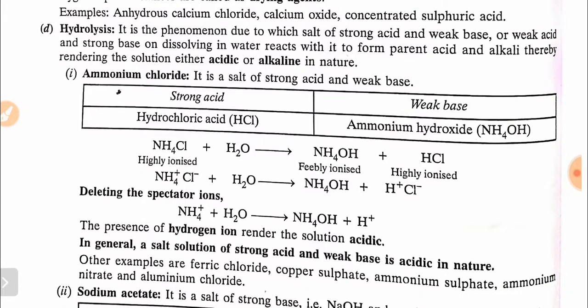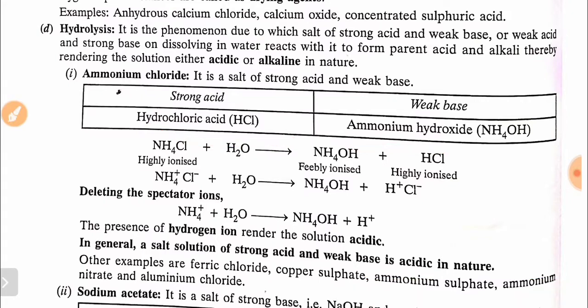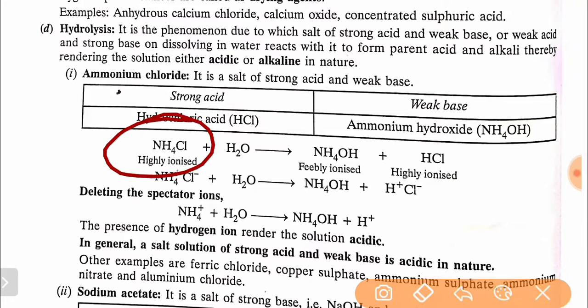HCl is a strong acid and ammonium hydroxide is a weak base. When we dissolve ammonium chloride in water, it is first feebly ionized and highly converted into ammonium hydroxide and HCl.